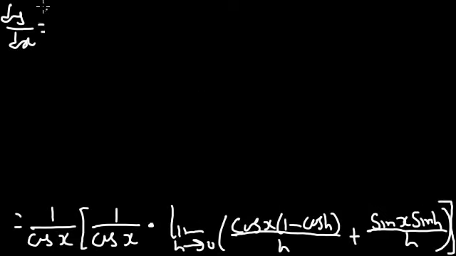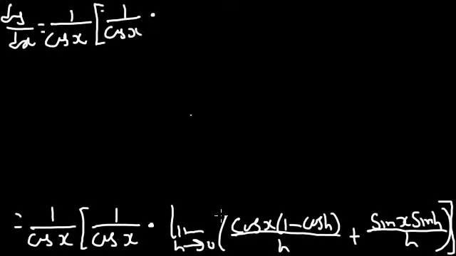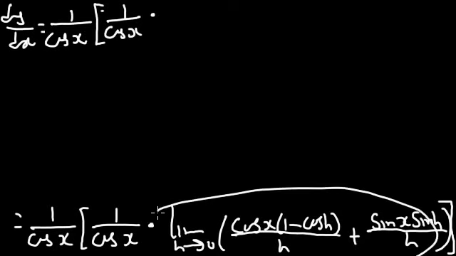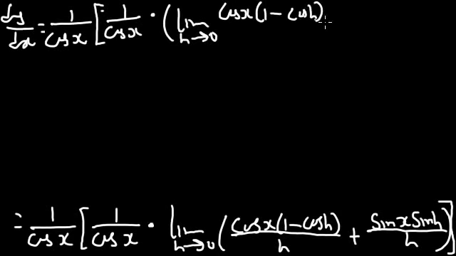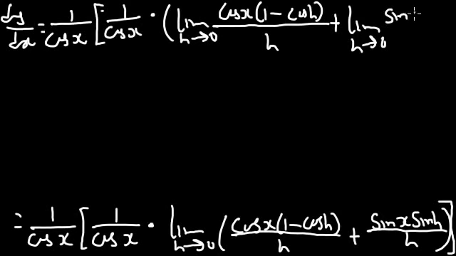So therefore dy/dx is now equal to 1 over cosine x times 1 over cos x again, then multiply. Since the limit of an addition is the addition of limits, we have times the limit as h approaches 0 of cos x times 1 minus cos h divided by h, plus the limit as h approaches 0 of sine x sine h divided by h.